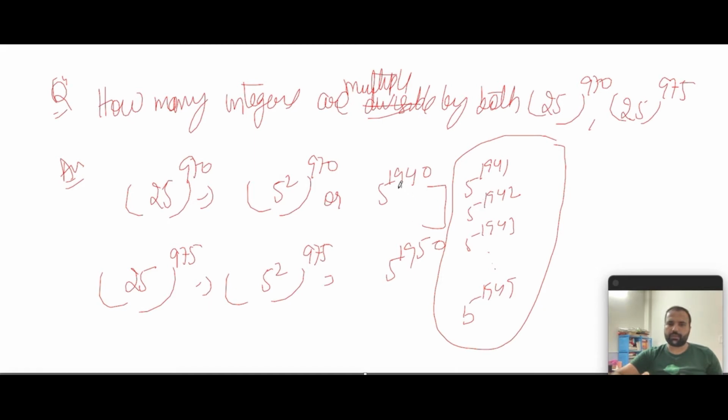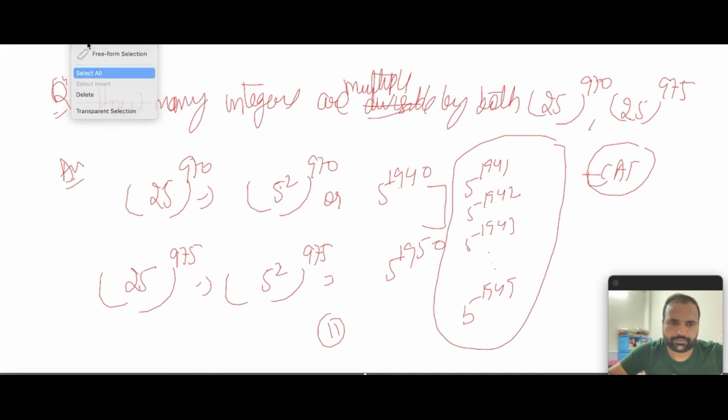These numbers will be multiples of both. This is very simple, again, think for it. Look at this solution for a moment. Very simple concept. So in total we would have 11 such factors. Okay, very simple question. Again, this is similar to one of the CAT questions.